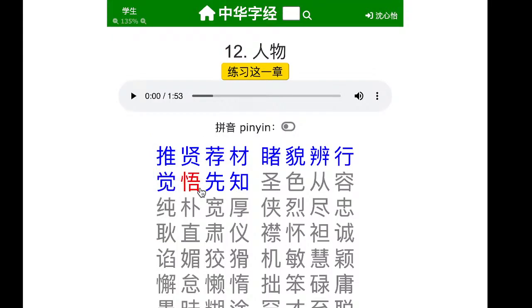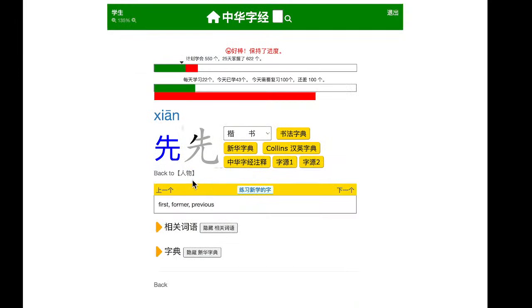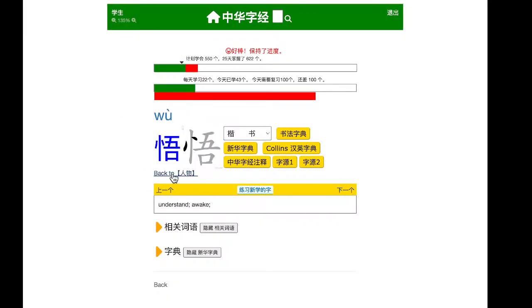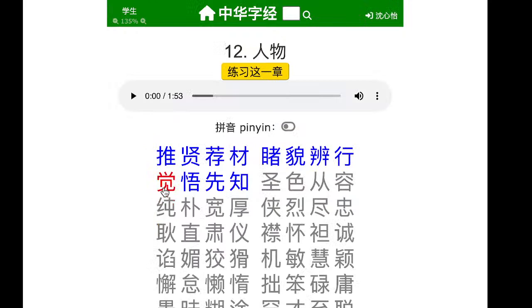So 先知 would be the first one to understand. This is the word that's used for prophets, people who have prophetic visions and know things about the future before anyone else knows them. 先知. Where this 觉悟 refers to like enlightened ones.